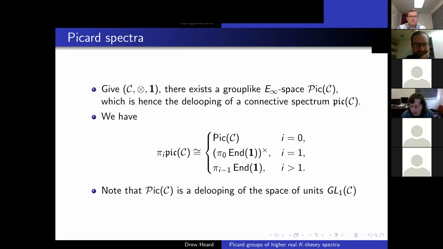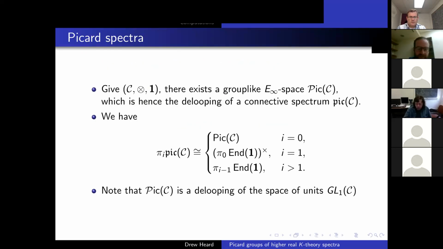Its pi naught is just the Picard group of the category that we're considering. Its pi 1 is the units in pi naught, the units of the endomorphisms. And for i greater than 1, it's just a shift of the homotopy groups of the endomorphisms. So in the case we consider, when C is just modules over R for a ring spectrum, this pi 1 is just the units in pi naught of R, and then it's just a shift of the homotopy groups.